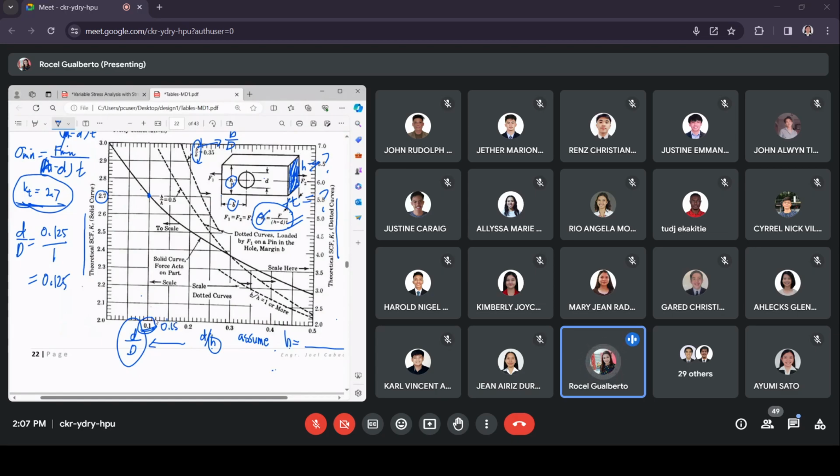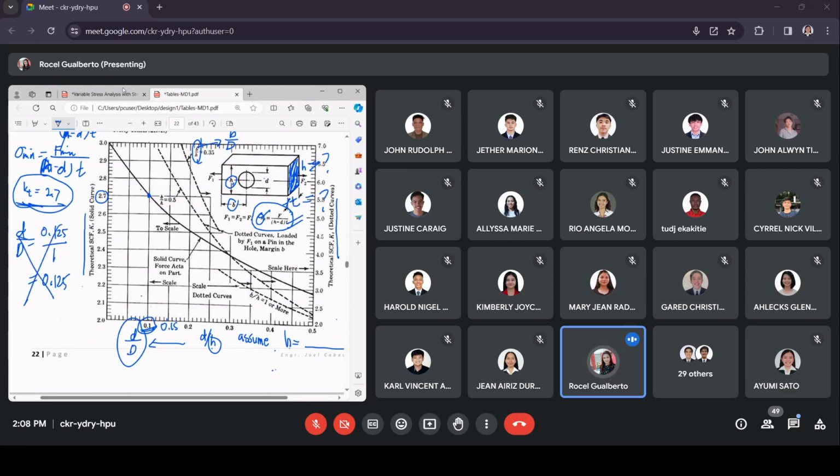In between 0.1 and 0.15, wala naman pong linear, so you need to estimate the value, which is harder. Where in fact, you do not know naman po if that would be correct. So, it is better to use these lines wherein you have an exact value of the ratio. Kaya po, I use 1.25 and not this one.